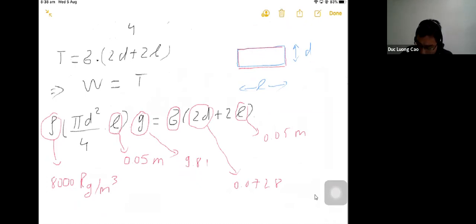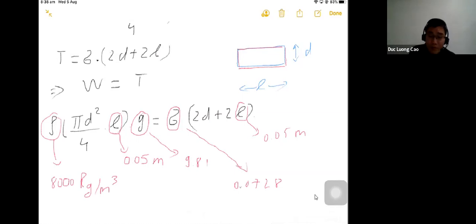Yeah, surface tension coefficient is 0.0728.